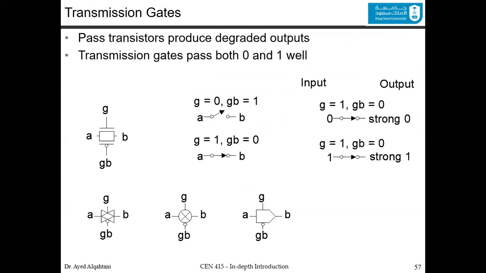Now, from this discussion, there were many attempts to build better gates. So we had what is called the transmission gate, where between A and B, you have both an NMOS and a PMOS to cover all sources of degradation, to make sure that the B is always strong.